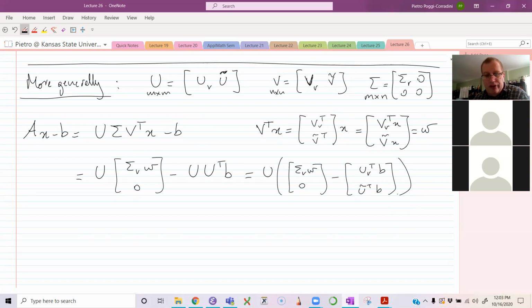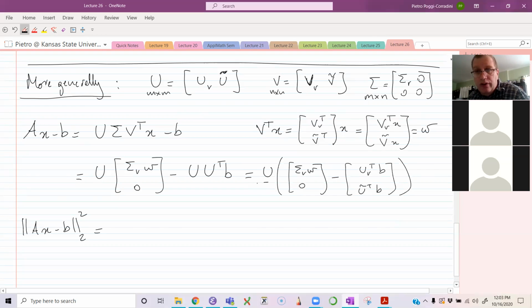Just manipulations here with the block structure, so that when I then go and look at the 2 norm squared, I don't care about this first rotation, this unitary, because 2 norms are invariant under orthogonal matrices.